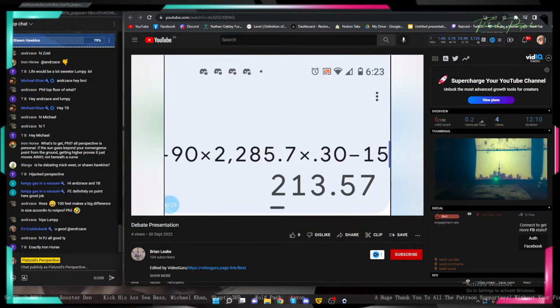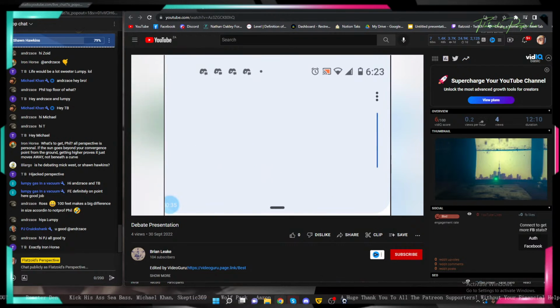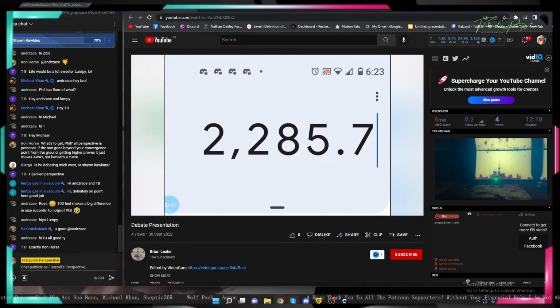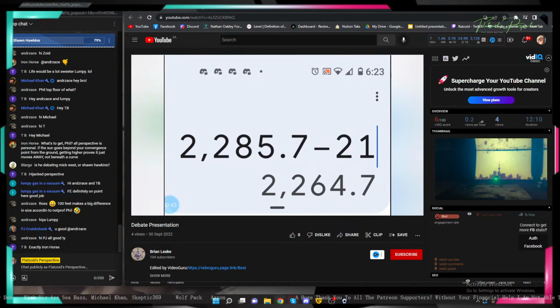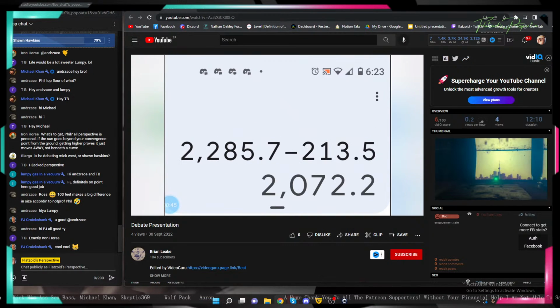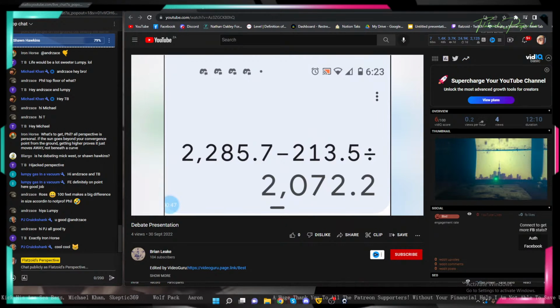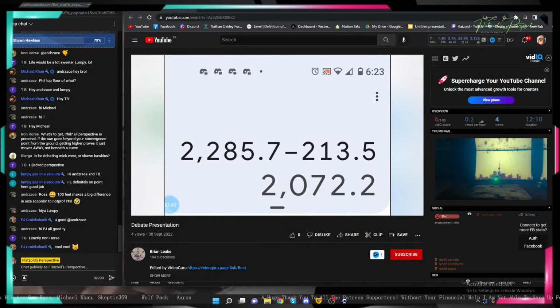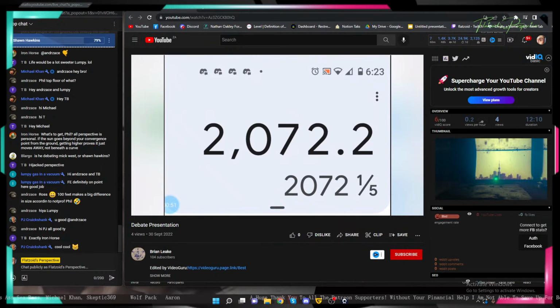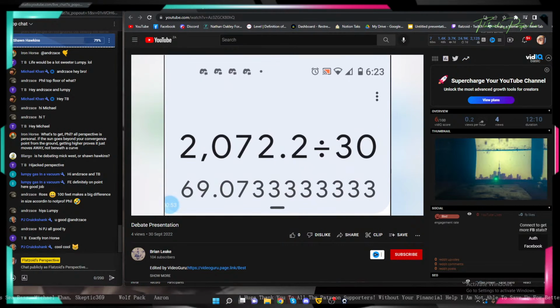That gives us 213.5, our refracted value. That's what we have to subtract from our triangulated distance. So we take 2285.7, subtract our refracted value of 213.5, and we get a total of 2072. We divide that by 30 to see how many miles per degree we get, and I'll be dipped in it. 69 miles per degree.